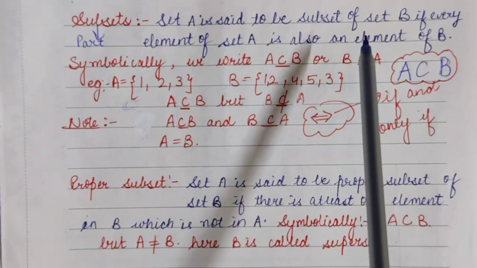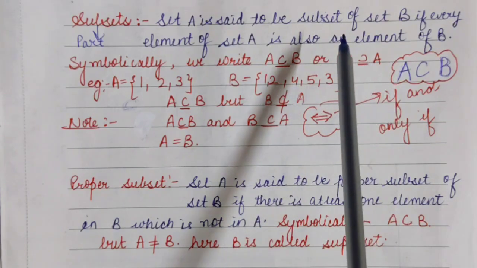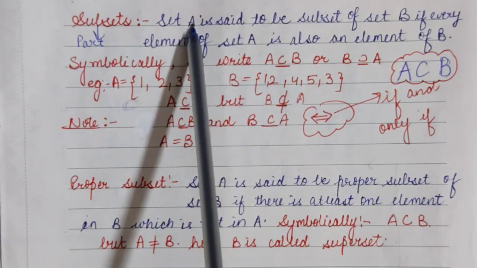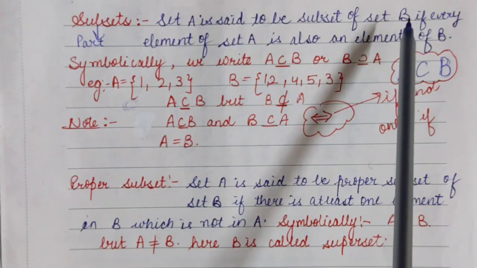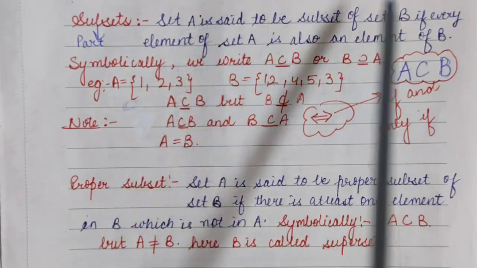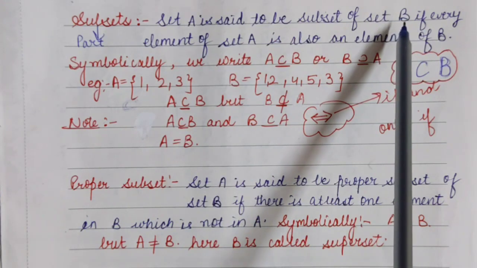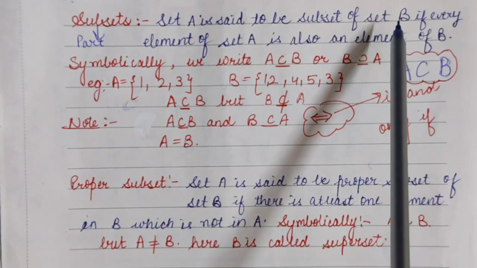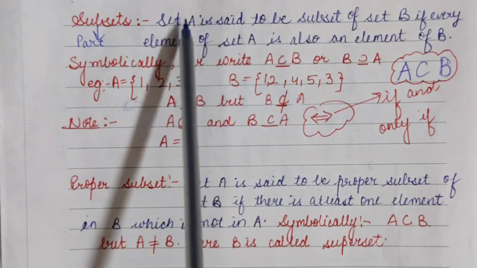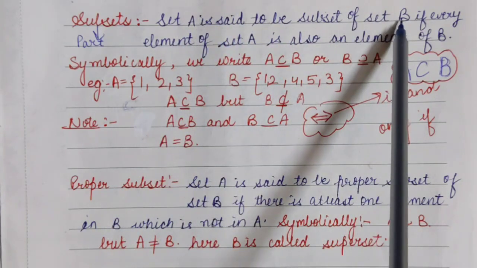The first condition says if there are two sets, set A and set B, then I can say set A is a subset of set B only when every element of set A is contained by set B. First condition is this.